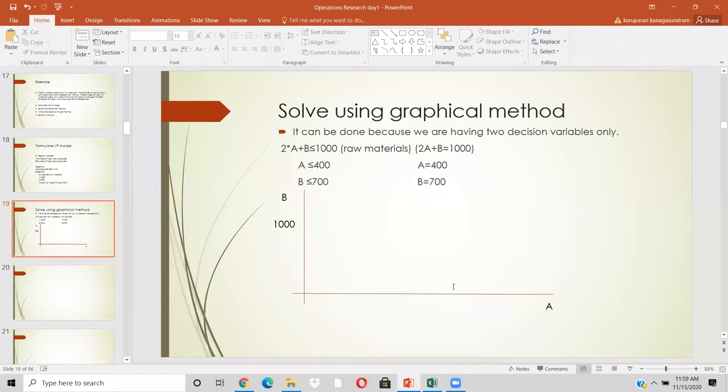Similarly, in the axis of a, the value for b will be 0. So by substituting 0, you will get the value of a equal to 500.